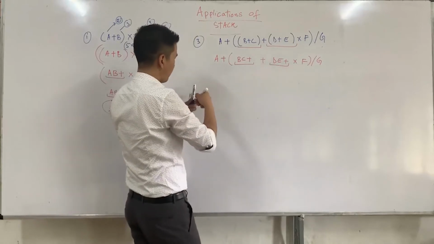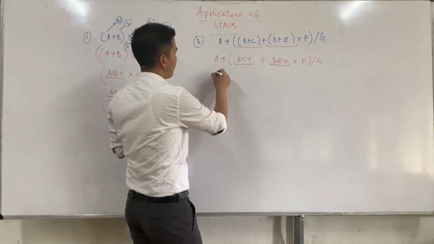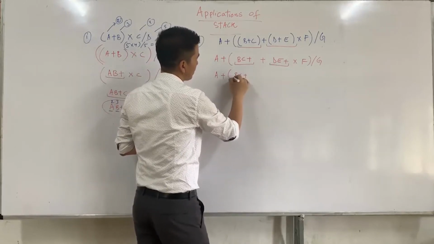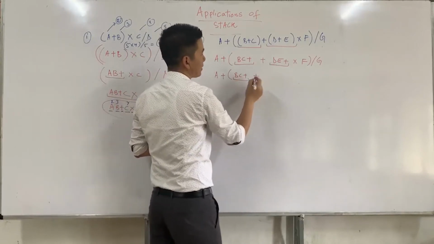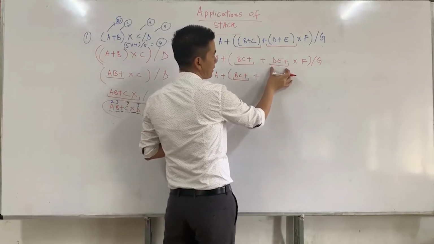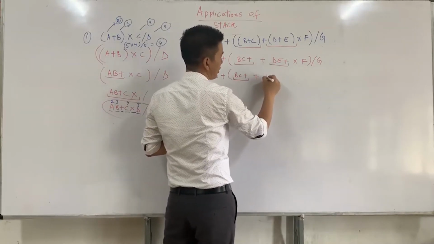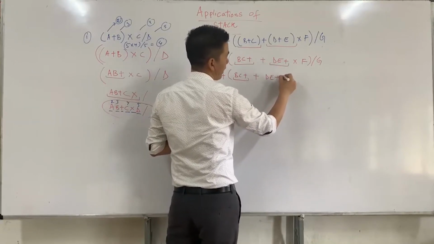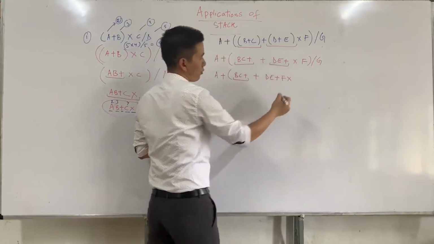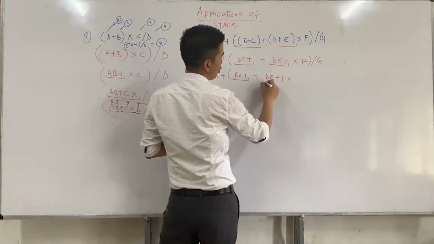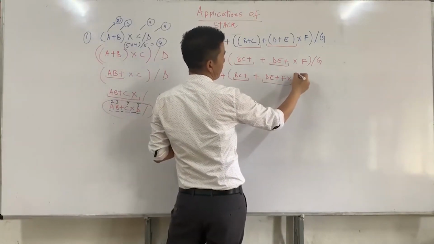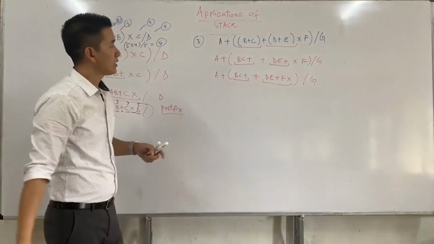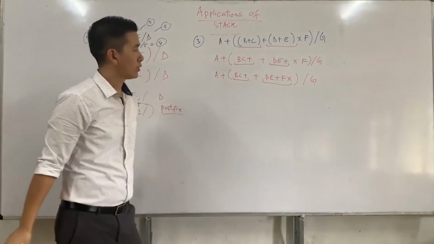So you will have A plus, okay, BC plus, and then plus, I need to multiply this with F. So DE plus, second operand is F, and then comes the operator. Okay, so don't miss the bracket, and then you have G. Please take care of the bracket, otherwise you may mess up with the order.